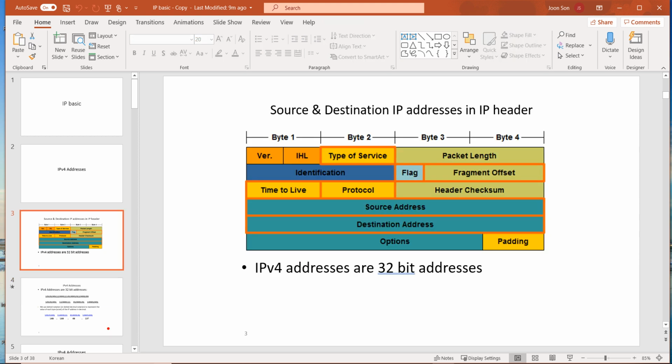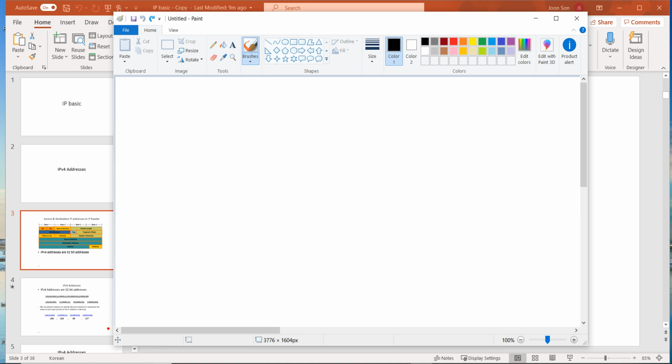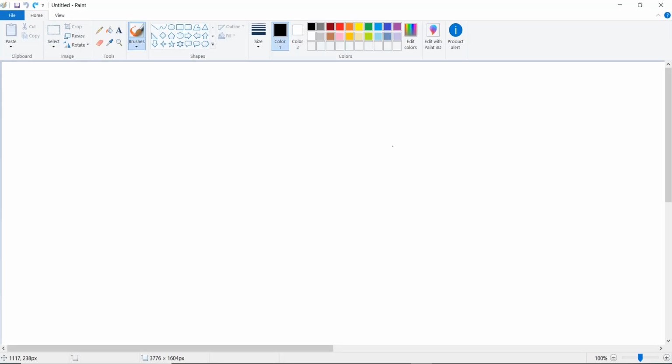So let's talk about the IP header a little bit more. Let's say you have a machine, your laptop or a tablet PC, and the IP address of this machine is, for simplicity, 1.1.1.1.